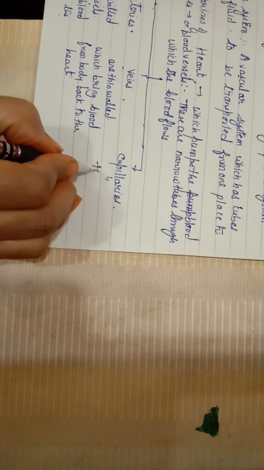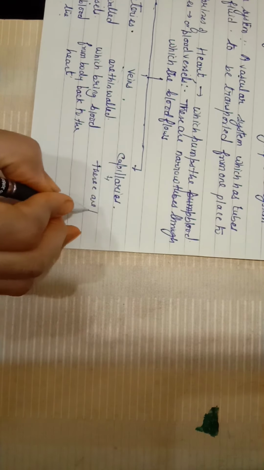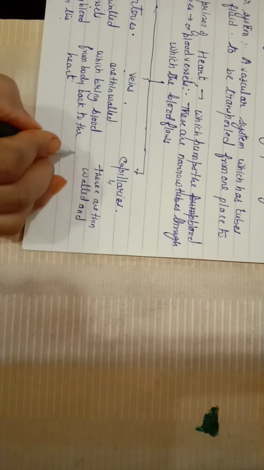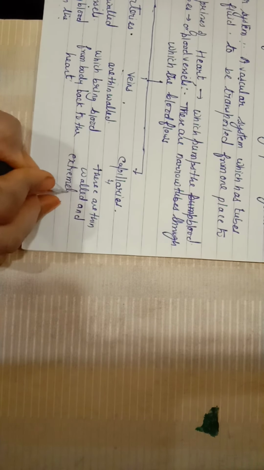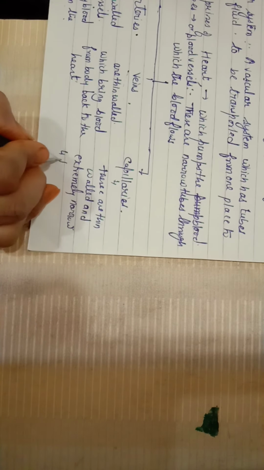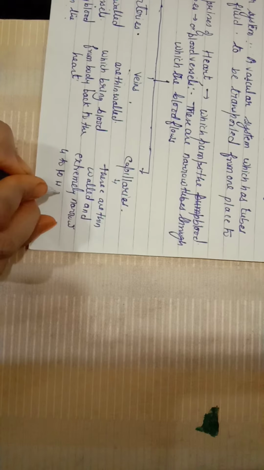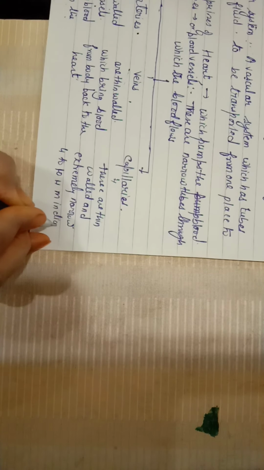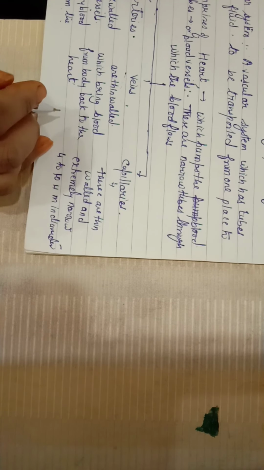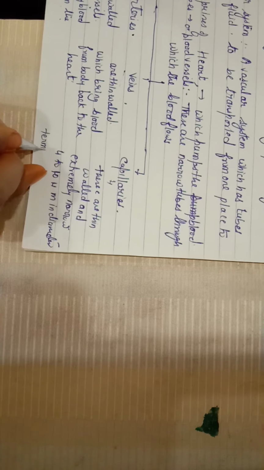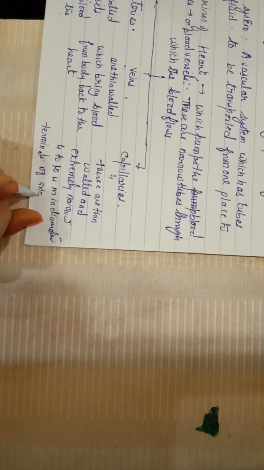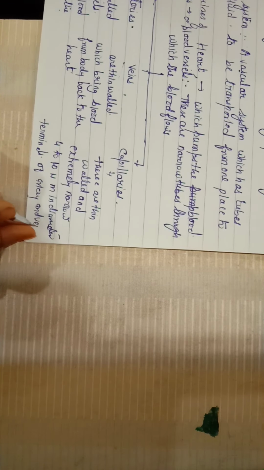These are thin walled and extremely narrow, about 4 to 10 micrometer in diameter, and they occur at the terminals of arteries and veins.